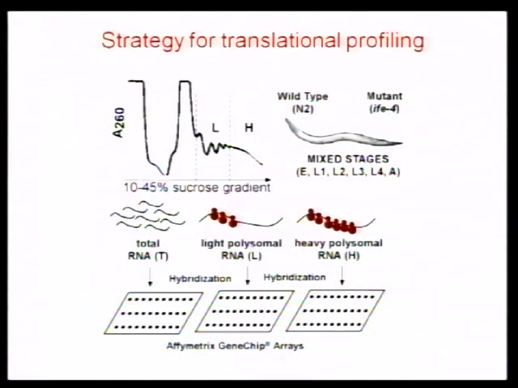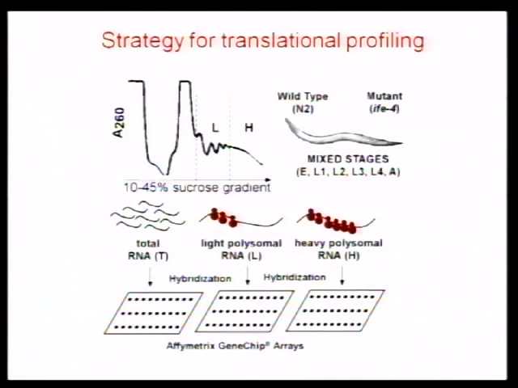The approach we took was to do translational profiling, and the idea here is that we take polysomes and look at the high and low regions of the polysomes, comparing wild type and mutant.